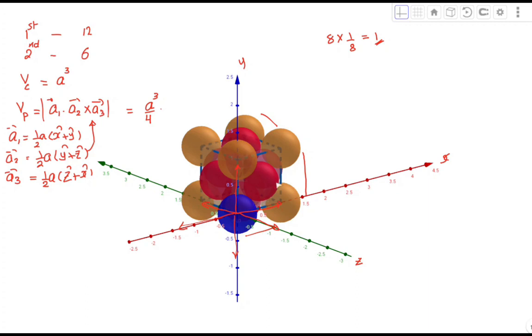Now at the center of each face of the cube we have 1 atom. Now this atom here is shared with this cell and the next one. So we have 6 multiplied by half. So half of this atom is shared with this cell, and the other half shared with the next one, so it's equal to 3. In total, the number of atoms used to build this cell here is equal to 1 plus 3, which equals 4.